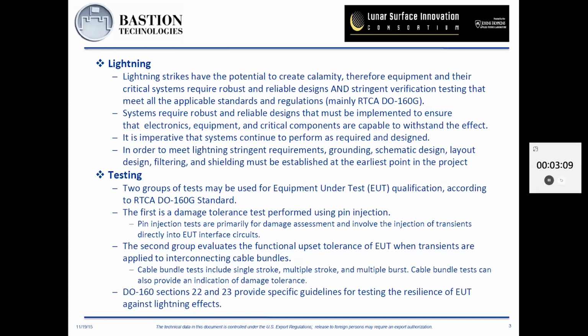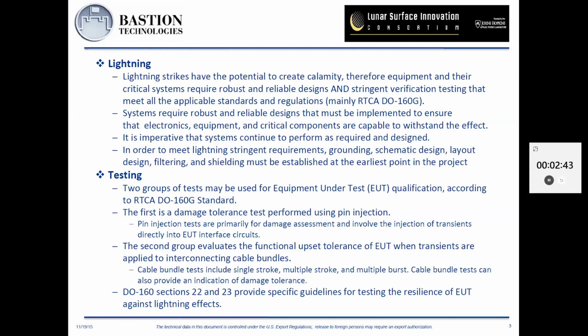So the topic today is lightning, and everybody knows lightning strikes have the potential to create calamity. Therefore, equipment and their critical systems require robust and reliable designs and stringent verification testing that meet all the applicable standards and regulations, mainly DO-160, which I'm going to talk about a little in the next slides.